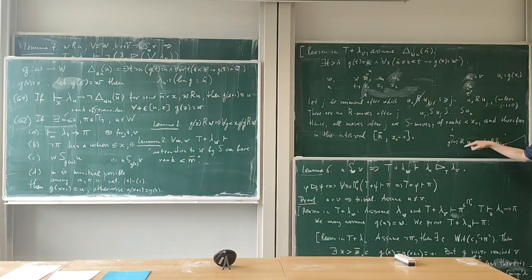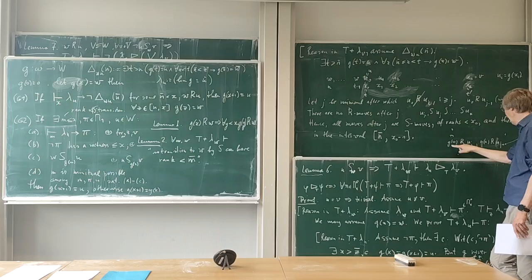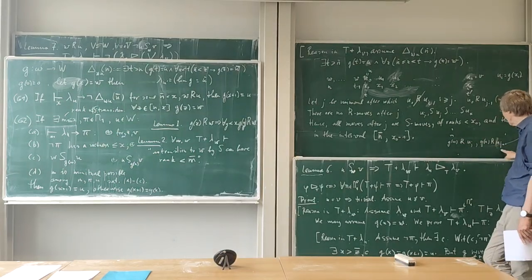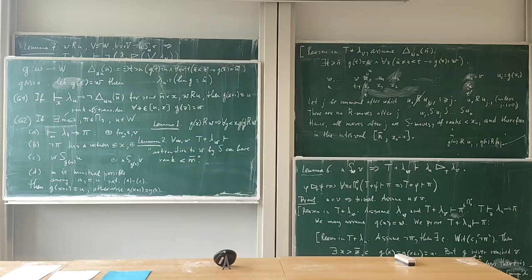Because of the condition for the S move with rank m. So if it is rank m, so j must be at the following point, which is r below uj and uj plus 1. Right. But it isn't below uj plus 1 because J was the minimum. By the selection.